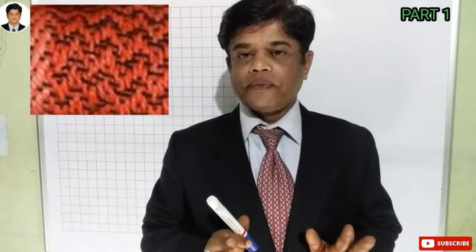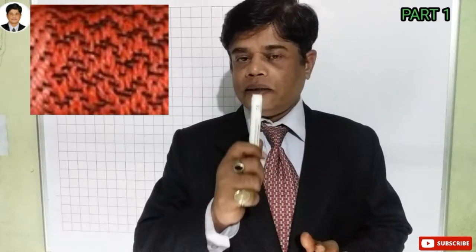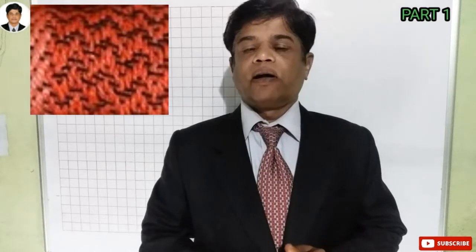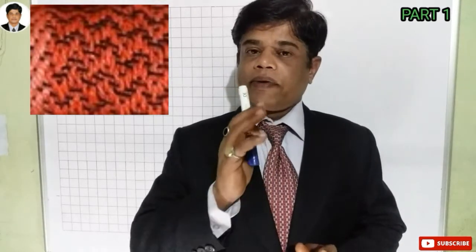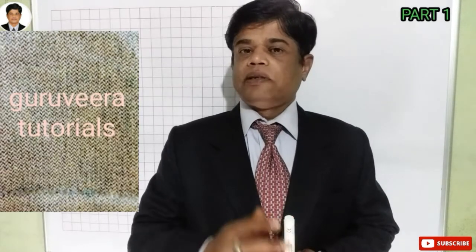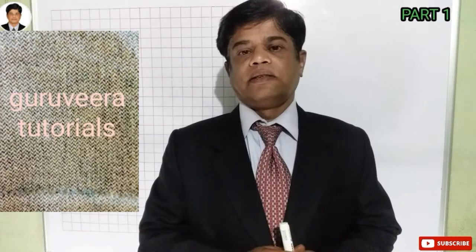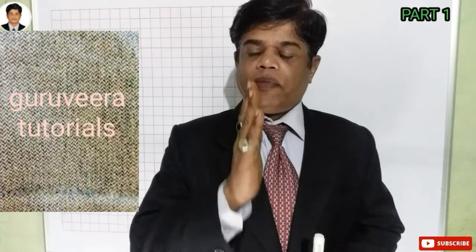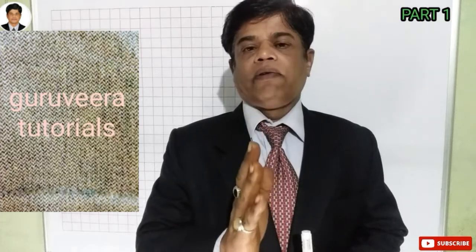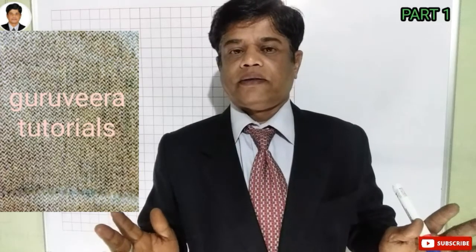Like that, in this interlacement of warp and weft, the modification that is done is making the basic twill into 2 half parts.